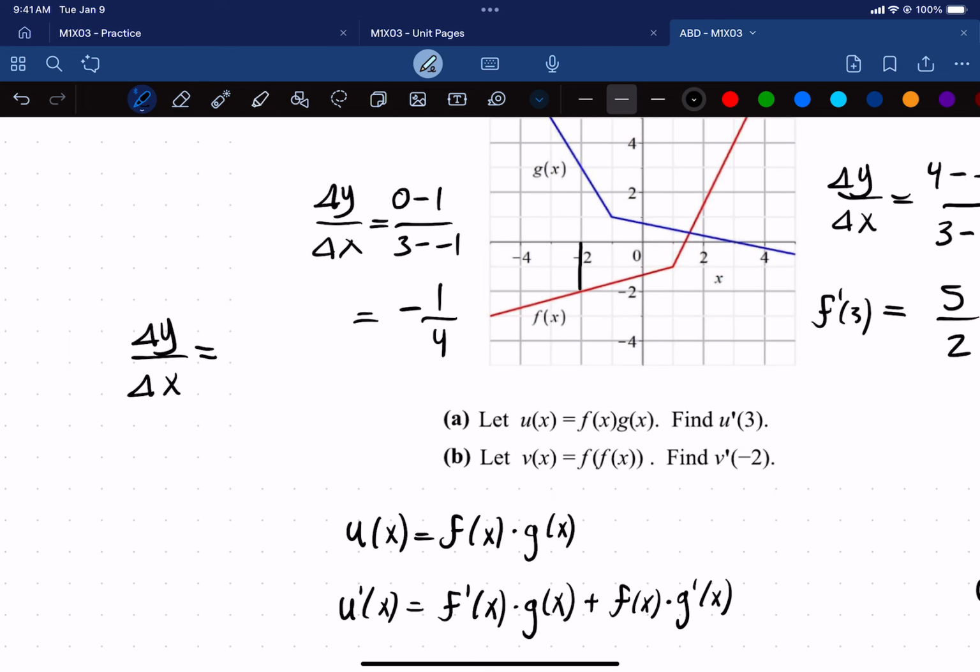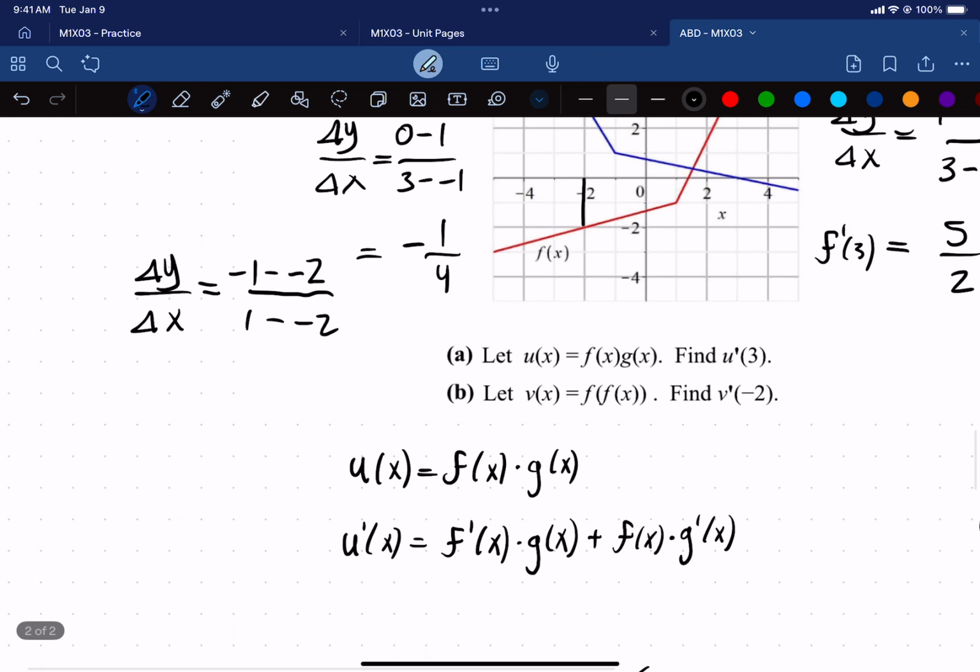So we have y2 is -1 minus -2 over, let's choose this point, which is -1 and starts from -2. So we have -1 minus -2 all over 1 minus -2. So this just comes out to be 1 over 3.